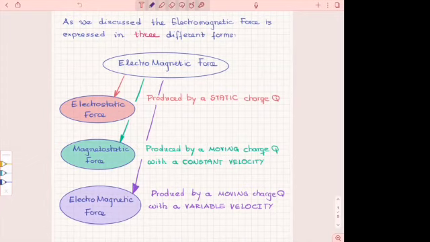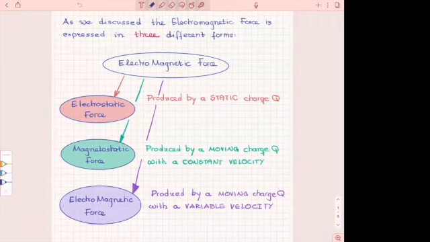Okay, so we said on Friday, I believe, that the electromagnetic force expresses itself in 3 different ways. And while it's the same phenomenon that we see in 3 different ways, historically we thought that they were 3 different phenomena, but they are not. They're the same. An electromagnetic force is a force that is due to a charge.